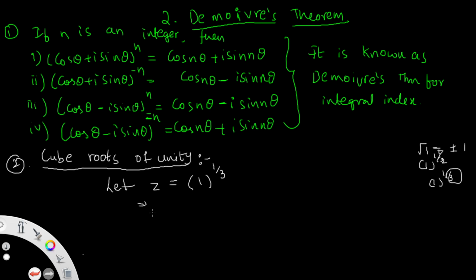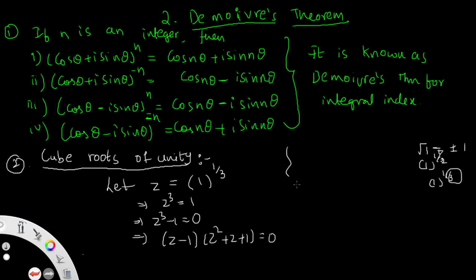Here we write z cube equal to 1, so z cube minus 1 equal to 0. Now it is in the form a cube minus b cube. The general formula for a cube minus b cube is (a minus b) into (a square plus ab plus b square), which is equal to 0.